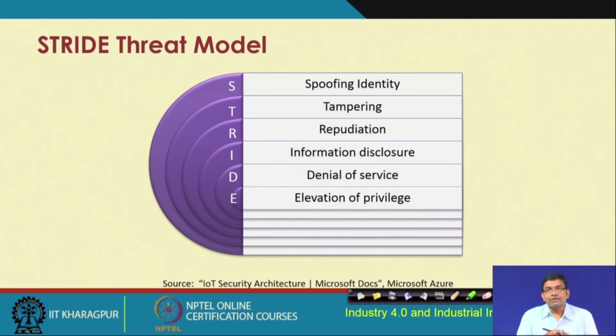That is the denial of service. So, denial of service is a very popular form of attack. And elevation of privilege: basically one tries to go beyond the privileges that have been given and try to get access to those different points of elevation.